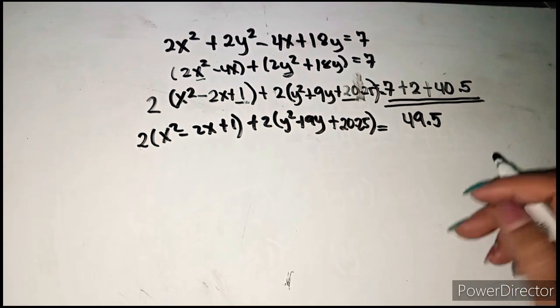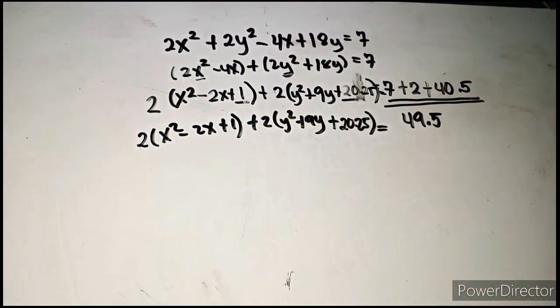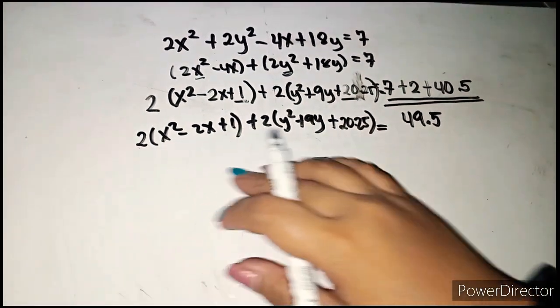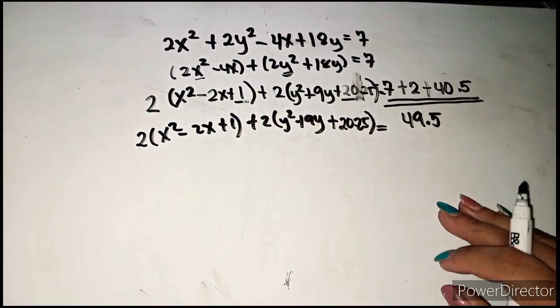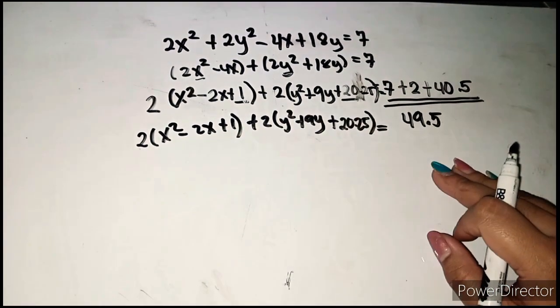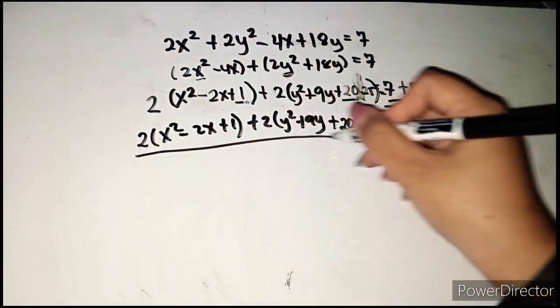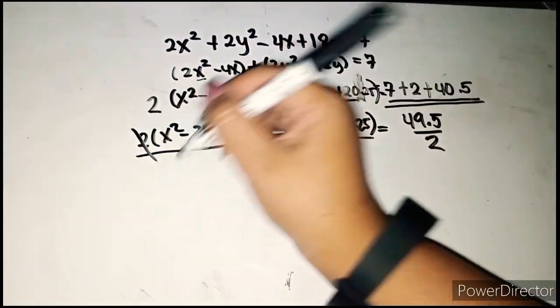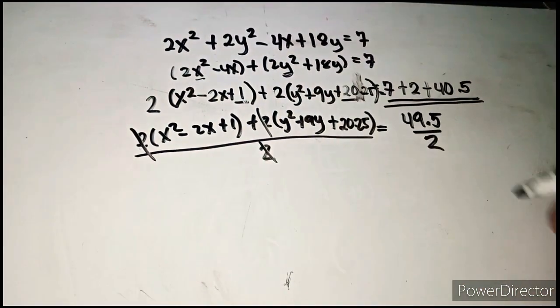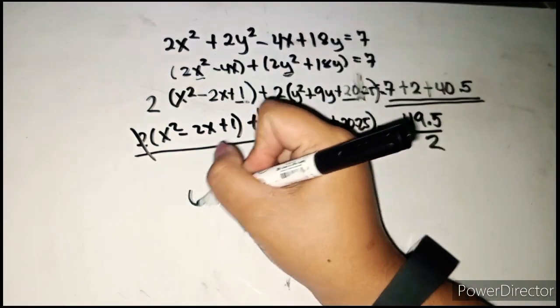Okay. So, para ma-eliminate natin tong 2, dito, ang gagawin natin is, we're going to divide both sides ng 2 para ma-eliminate si 2. Okay. So, maka-cancel na yan. Cancel. Cancel.